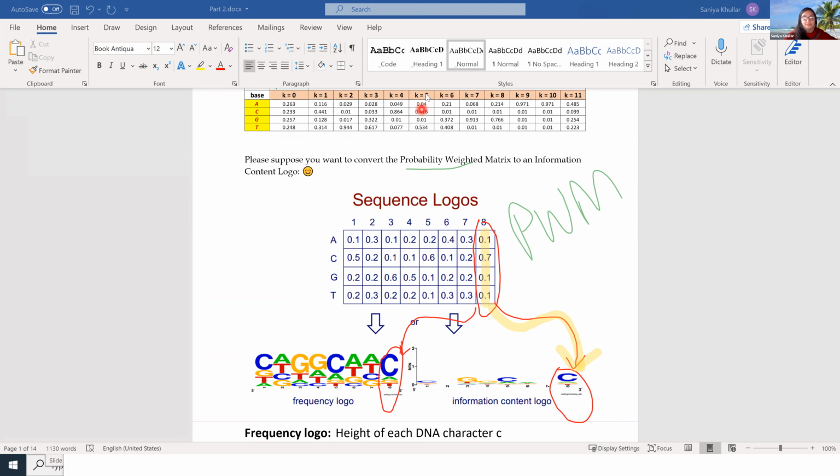Because again, guys, the benchmark, what we typically expect is that each of these would just be equal, so 1/4 for each. So if we see something really different, like here, we think it's probably a C in the spot of the motif. Here, I can't really say.